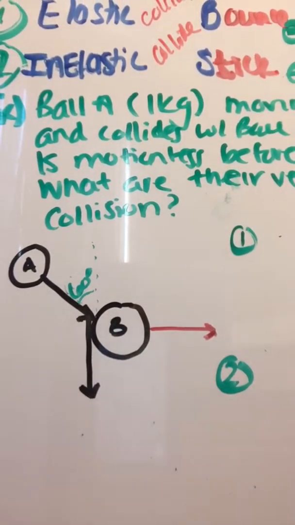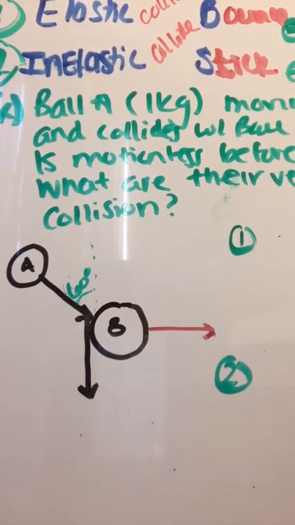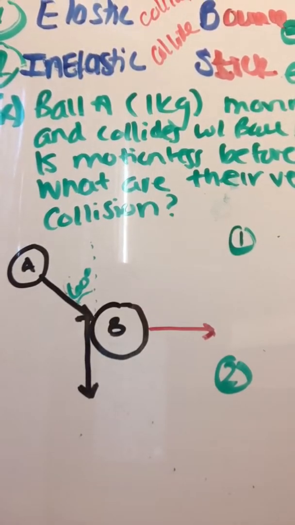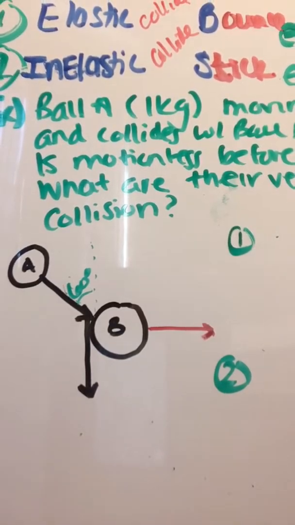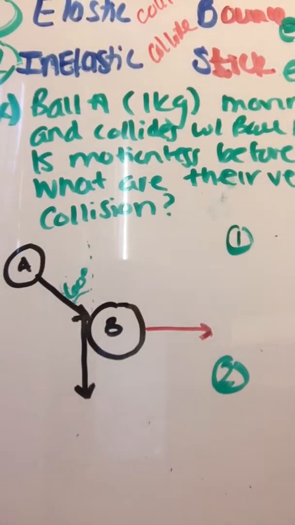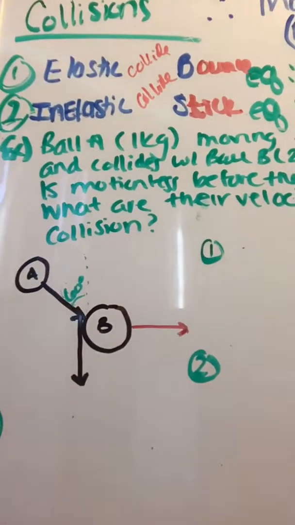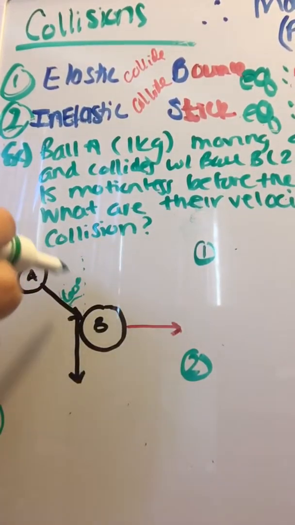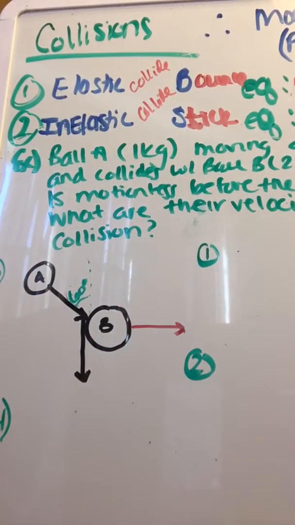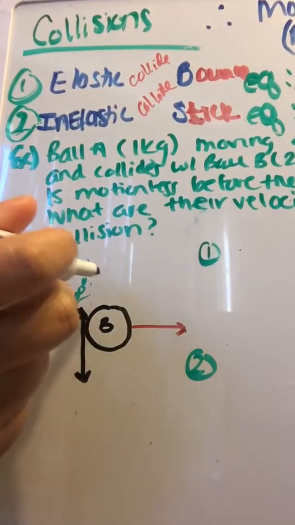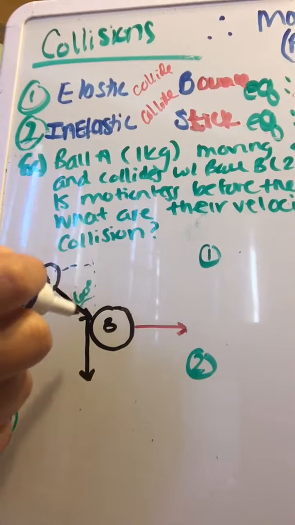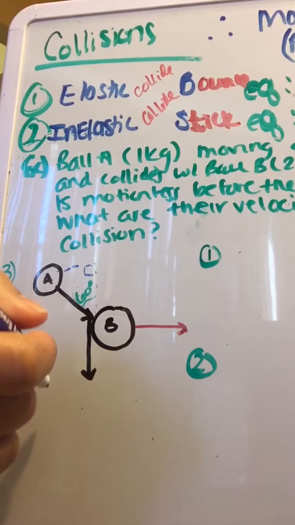So now when we have an angular collision, we have to separate it into x and y components. They gave us a 60-degree angle. Use a different color, in which we can make a right triangle.